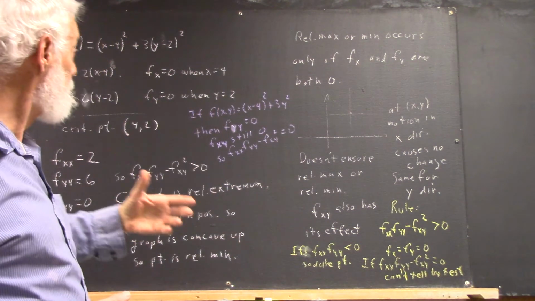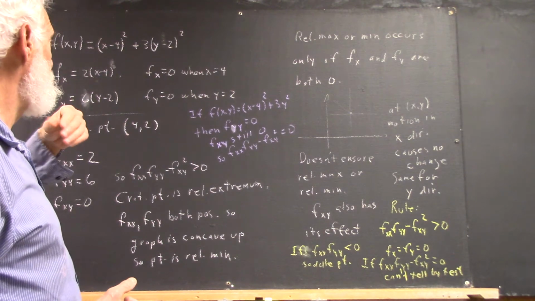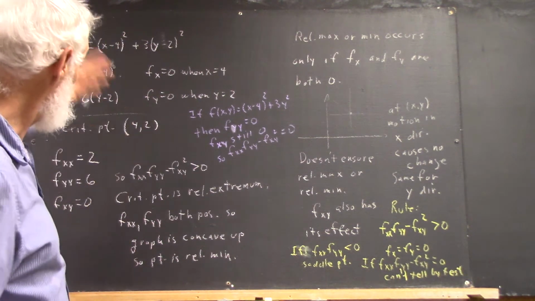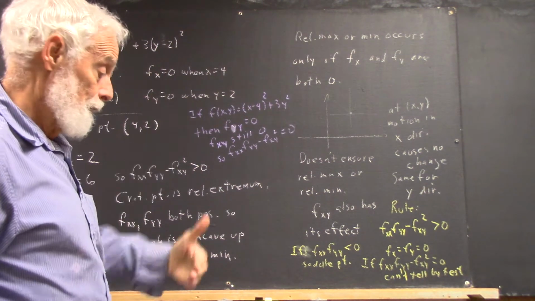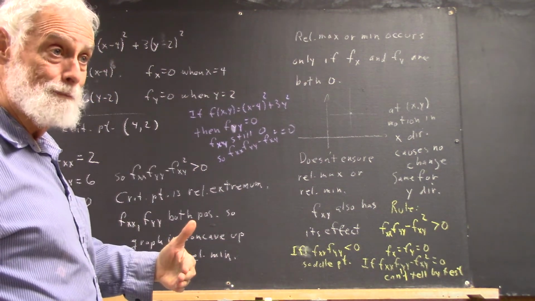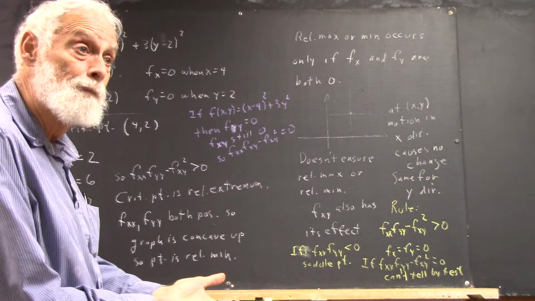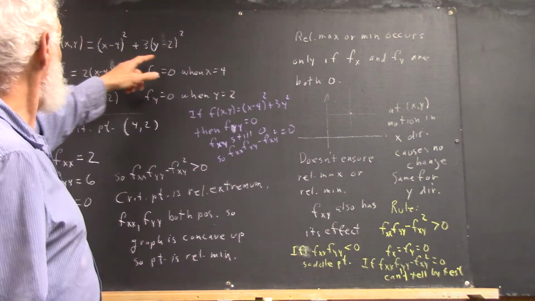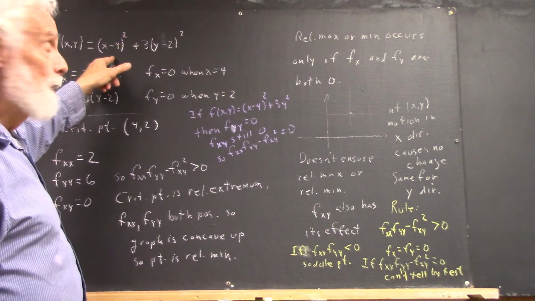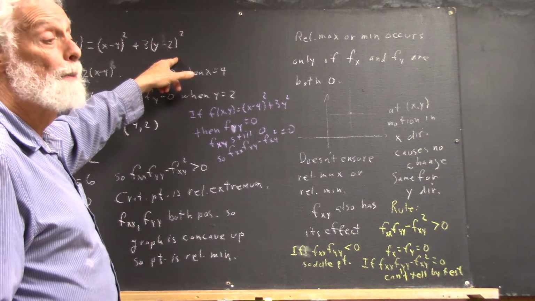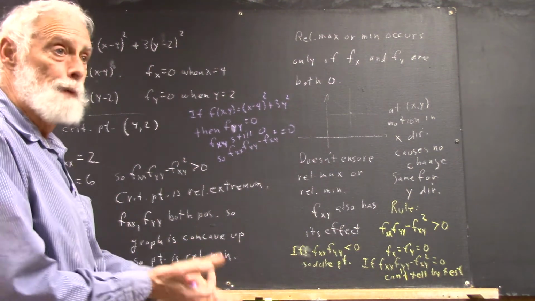Okay, not an ellipsoid. Yeah, it's an elliptical paraboloid. Okay, x trace is a parabola, y trace is a parabola. It clearly has a minimum at the point 2, 4, because it's just a translated paraboloid that has a minimum at 0, 0.